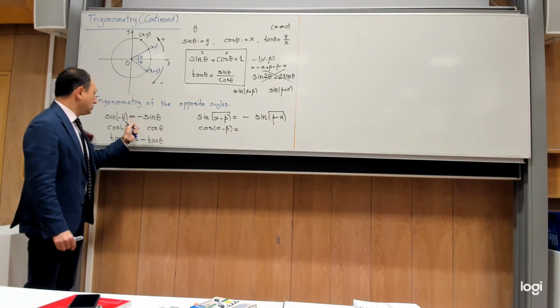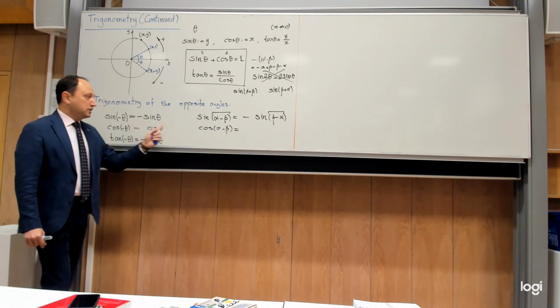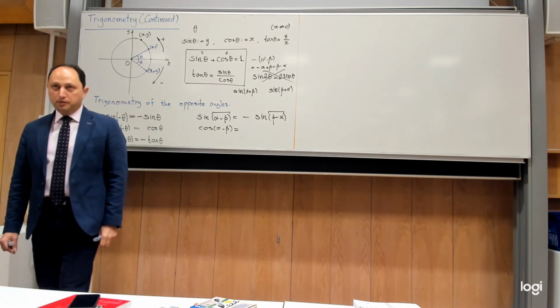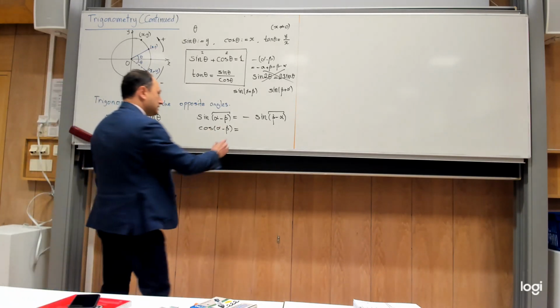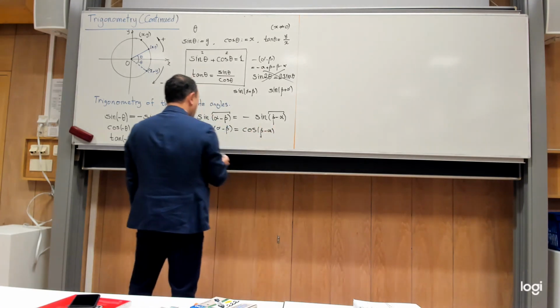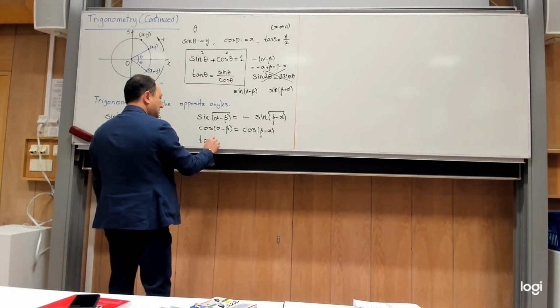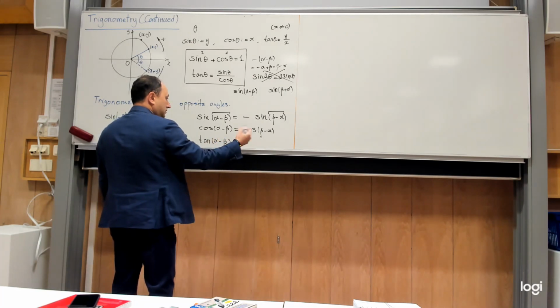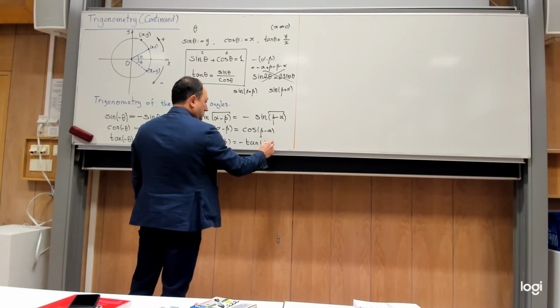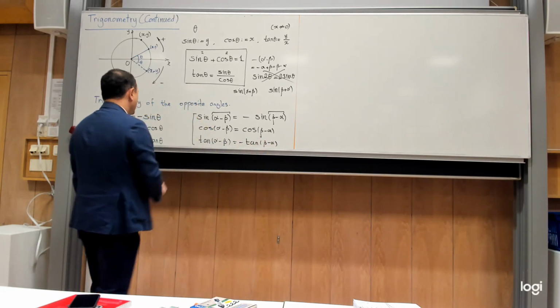Because of this rule we discovered here. But the cosine of an angle is equal to the cosine of its opposite. Yes? So it becomes exactly equal to the cosine of beta minus alpha. And of course, consequently, for tangent, what do you expect? What do you expect? Minuses. So these things are immediate consequences, but you need to understand.